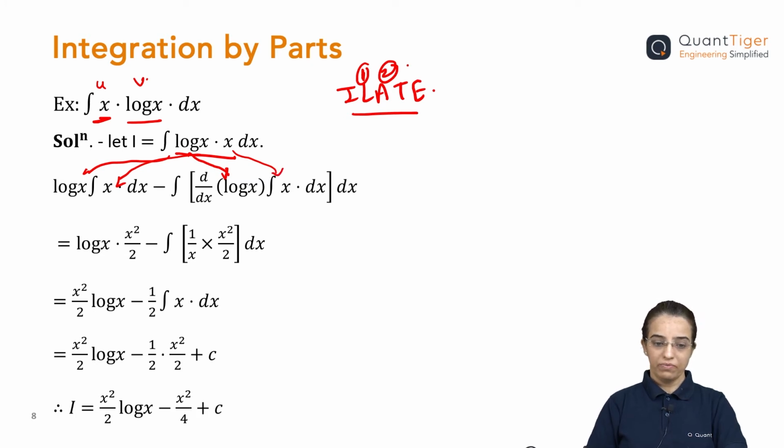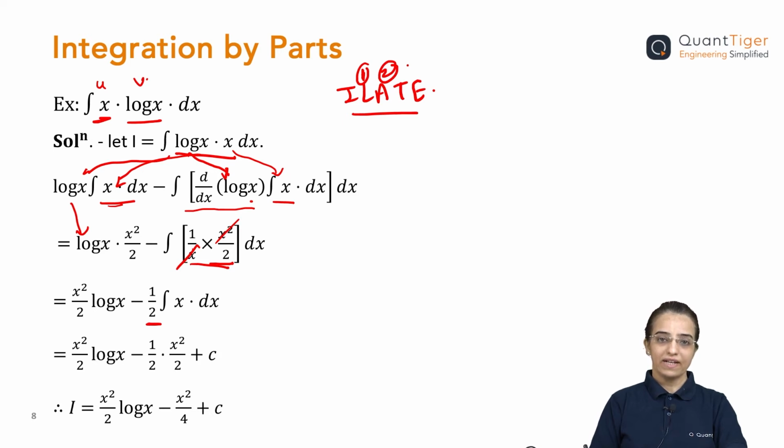So now by applying the formula, we will put the proper terms. Then we will find the integration: log x comes as it is here, integration of x is x square by 2, minus integration, and whatever is inside the integration sign we will try to solve. Differentiation of log x is 1 by x and integration of x is x square by 2, so after multiplication this will get cancelled, and we will get x by 2, but that is under integration. 1 by 2 is a common constant, we can put that outside the integration sign.